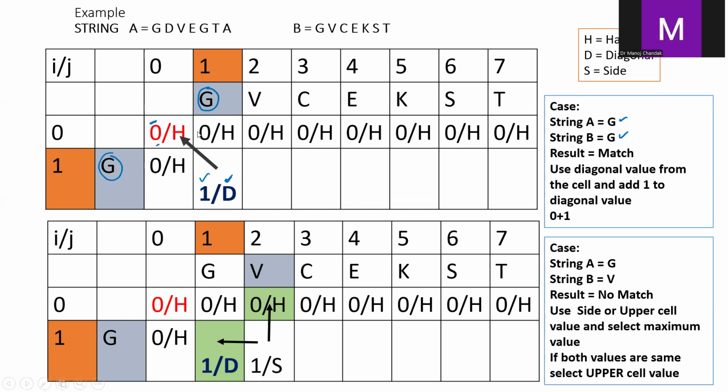Now if we continue further, the character in A remains the same, but the character in B changes. That is, the character in A and the character in B are not the same.